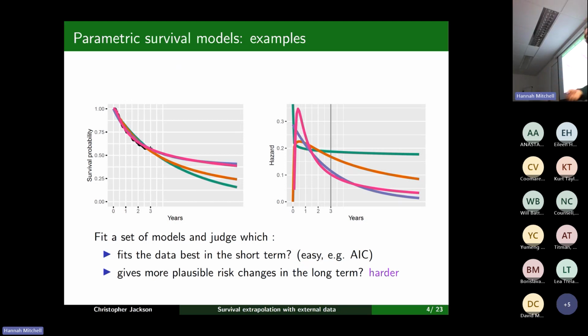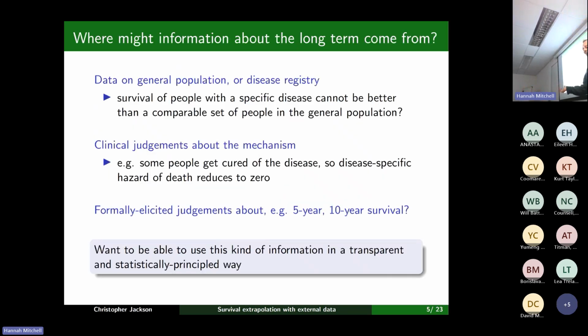So conventionally, this has often been done with informal judgment about what people think will happen. But more generally, it's acknowledged that it's better to build in evidence or formally considered judgments about what will happen in that longer term.